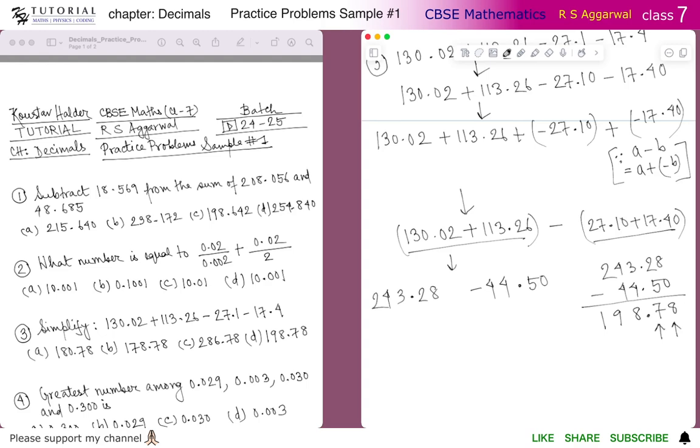I hope I did the subtraction correctly. Let me quickly check. Yeah, so 198.78 is the answer, the simplified value. So the answer will be choice D.